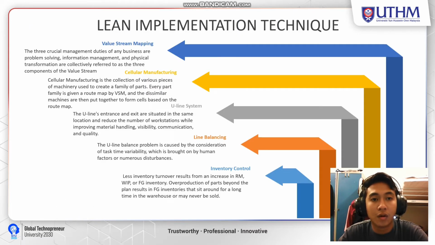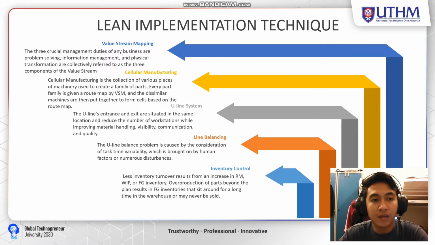For value stream mapping, the three crucial management duties of any business, problem solving, information management, and physical transformation, are collectively referred to as the three components of the value stream. Cellular manufacturing is the collection of various pieces of machinery used to create a family of parts.